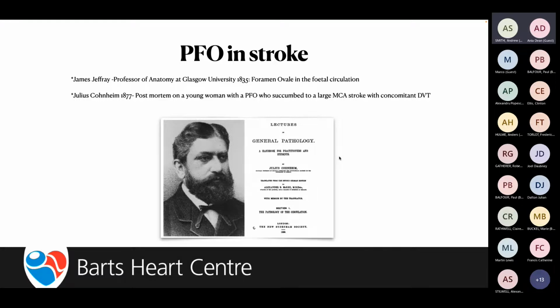And she had a large PFO, and he theorized that perhaps clot had gone from the DVT through the PFO and caused her stroke. And there are multiple examples later of postmortems and in vivo imaging of thrombus trapped in PFOs.